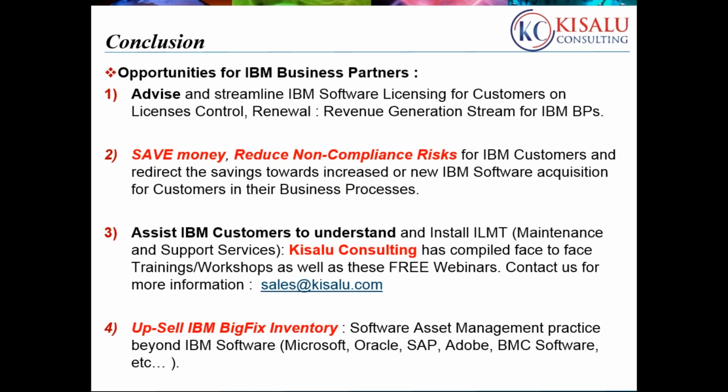The second one, they can save money, reduce non-compliance risk for IBM customers, and if possible, redirect the savings towards increasing the IBM software acquisition, or get new software from IBM so that customers can use them in their business processes. Also, the business partners can assist IBM customers to understand and install ILMT, and there are maintenance and support services that they can attract from the customers.